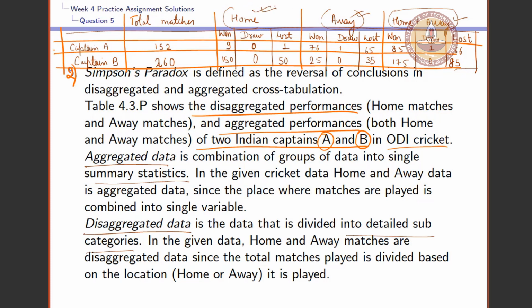Home and away matches are disaggregated data, and we have combined the disaggregated data to get our aggregated data, that is home plus away matches. And what is Simpson's paradox? Simpson's paradox is defined as reversal of conclusion in aggregated and disaggregated cross tabulation.